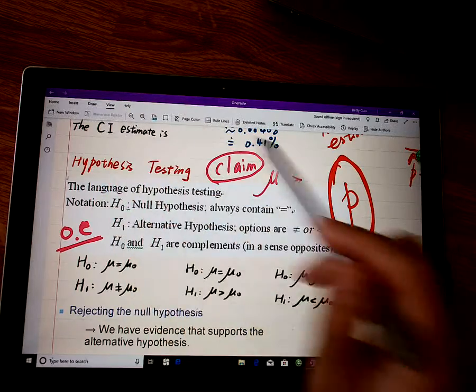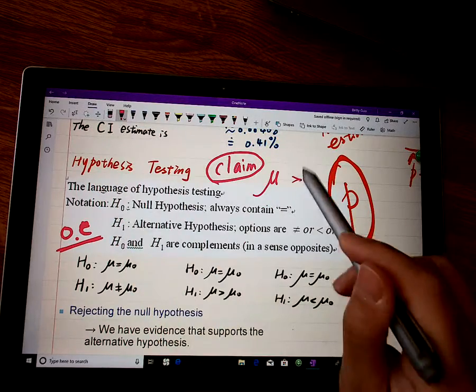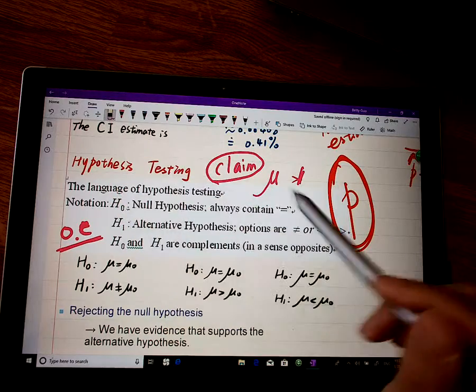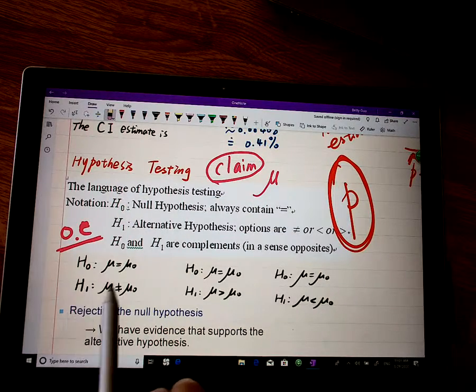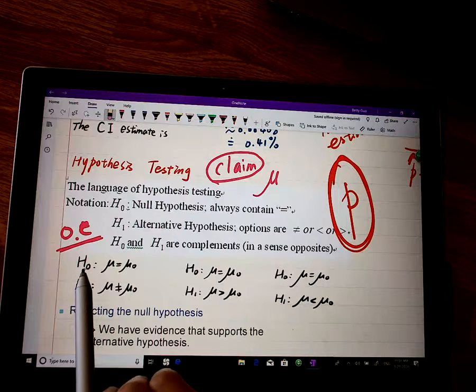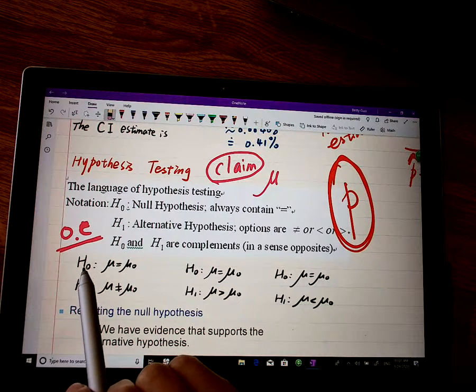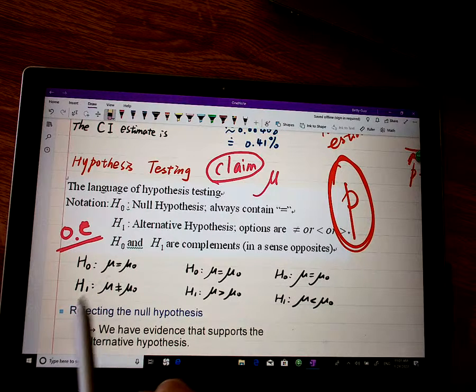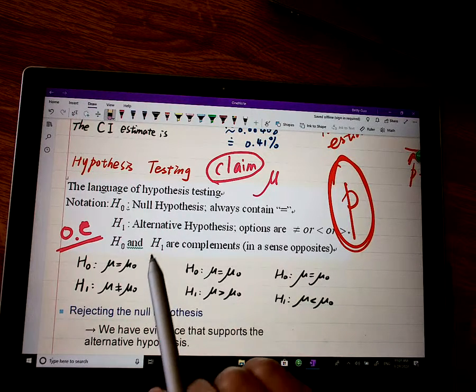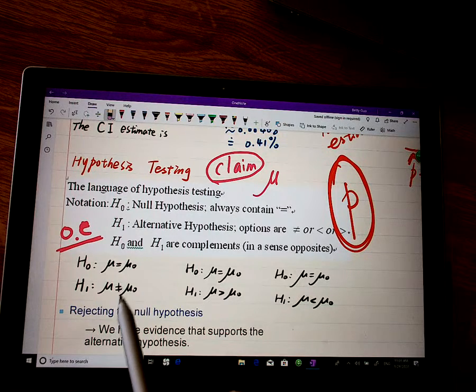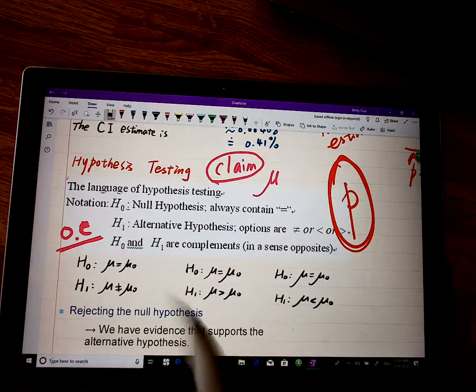Could be an equation or inequality. From the original claim, you set up null and alternative, knowing that the null must contain an equal sign, and the alternative does not contain an equal sign. Actually, in a sense, null and alternative are always complements of each other. Okay?